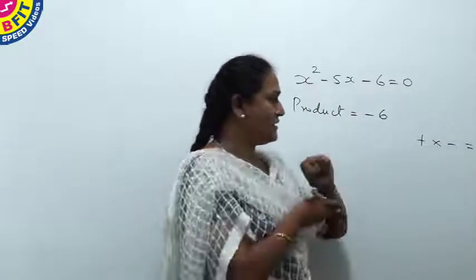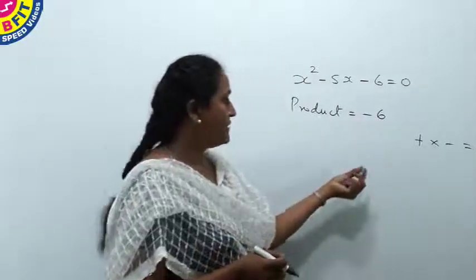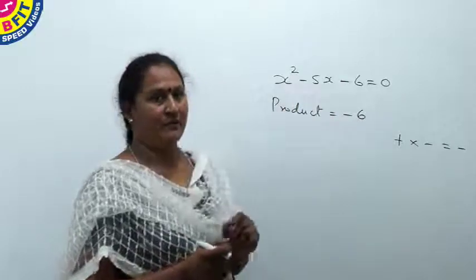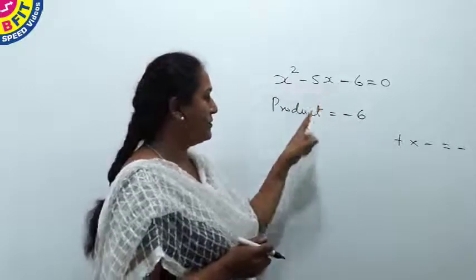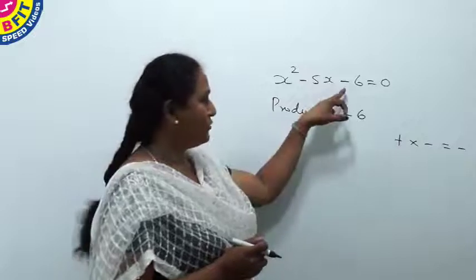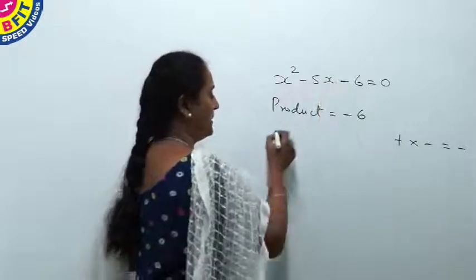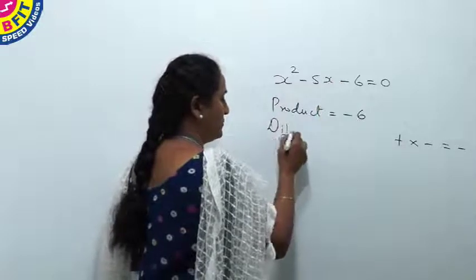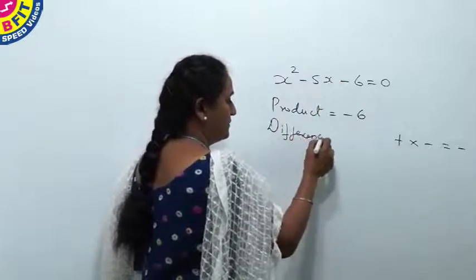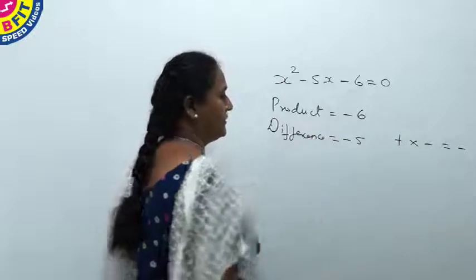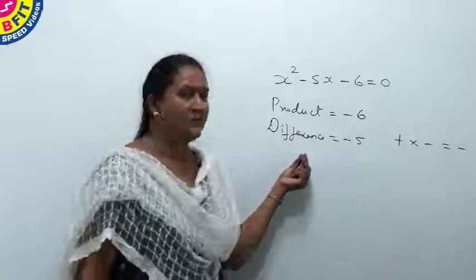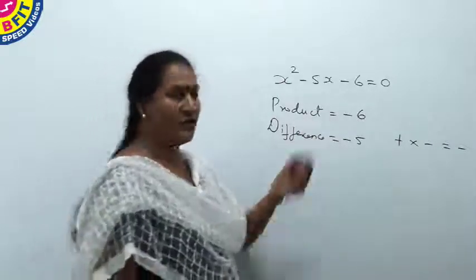As the two numbers take different signs, the difference of those numbers should be 5. When you have minus, you write difference, and when you have plus, write sum. So here we have minus, so the difference equals minus 5. Which two numbers will give you difference minus 5 and product minus 6?